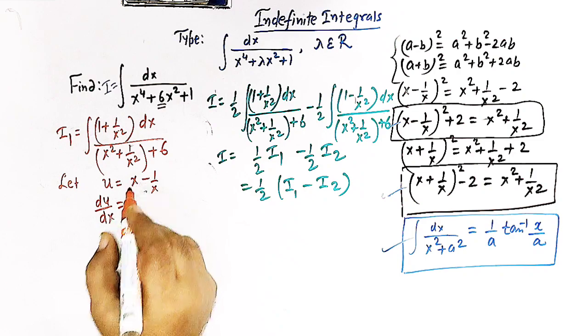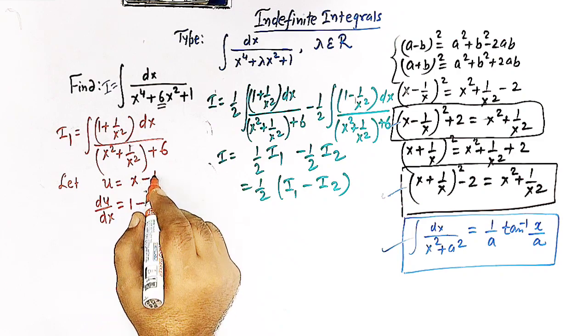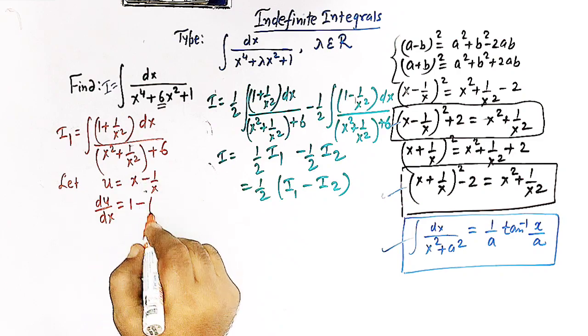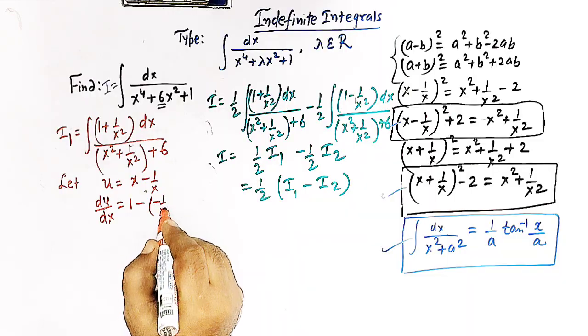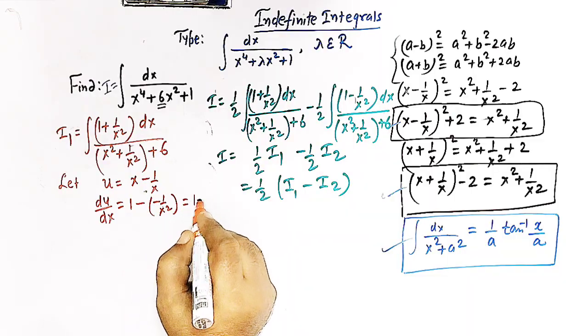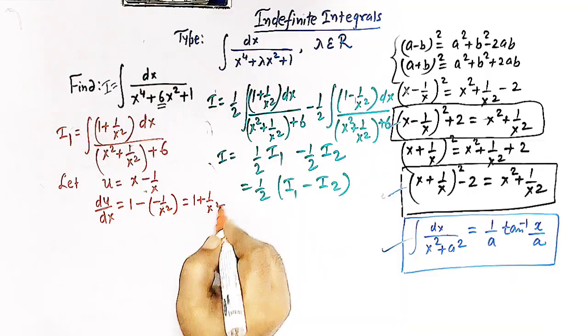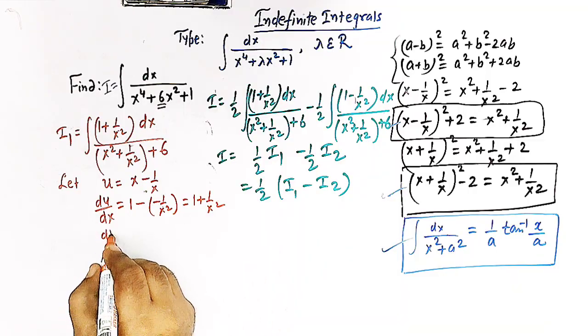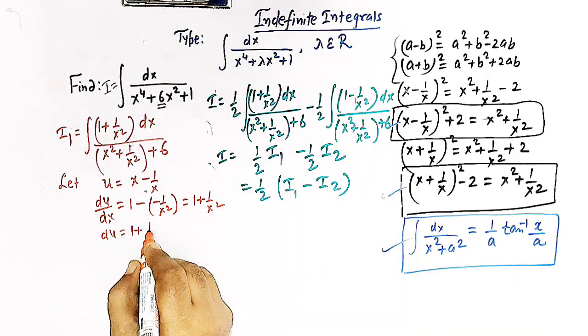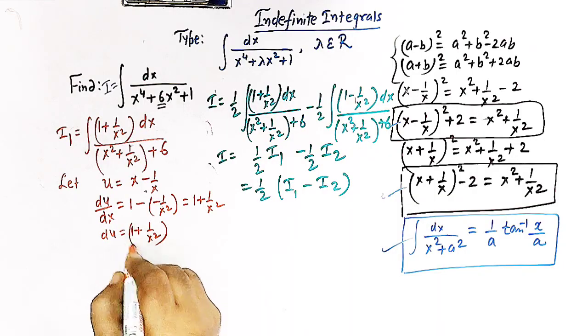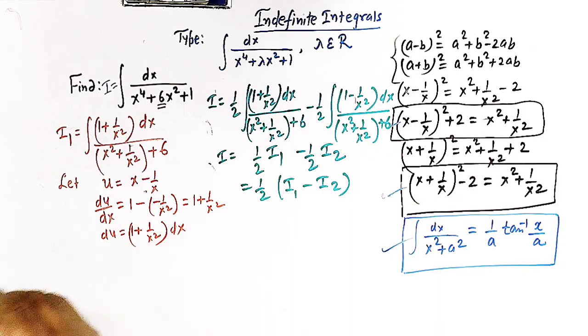The derivative of x is 1, and the derivative of 1 over x is minus 1 over x square, that is 1 plus 1 over x square, right? So du is now equal to 1 plus 1 over x square, and here we have dx, right?